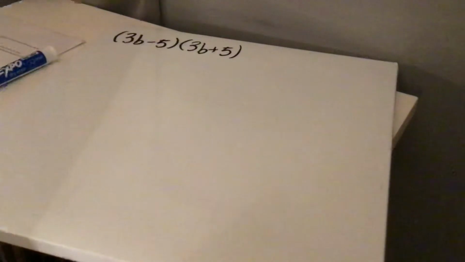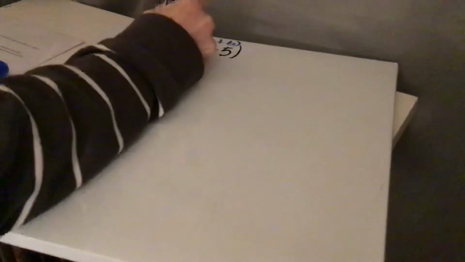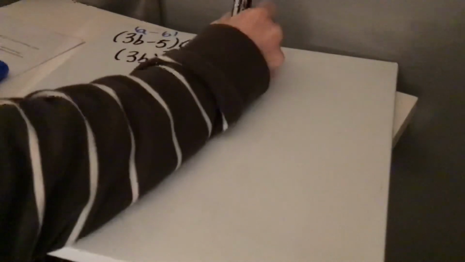Okay, so again, looking at it, they look similar. They're only different by a plus and a minus. So we're going to say this is like a minus b times a plus b. Okay, so it falls into the sum and difference pattern. So I'm going to do this first one squared minus the second one squared.